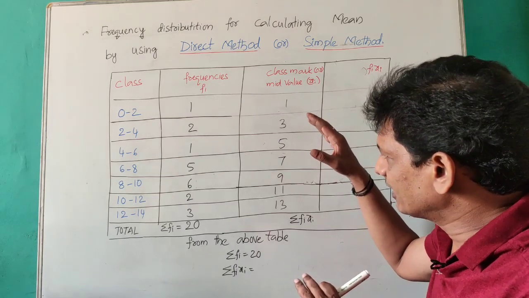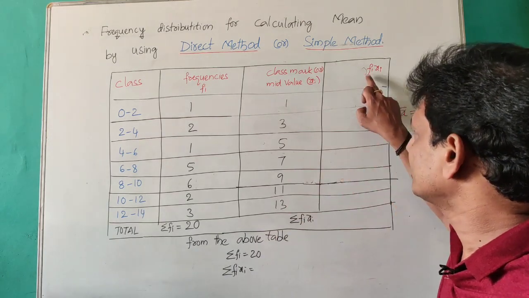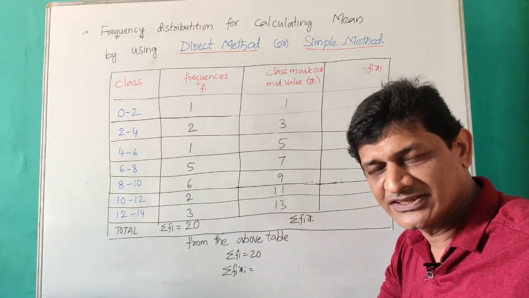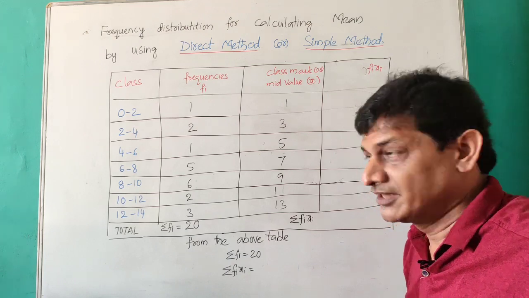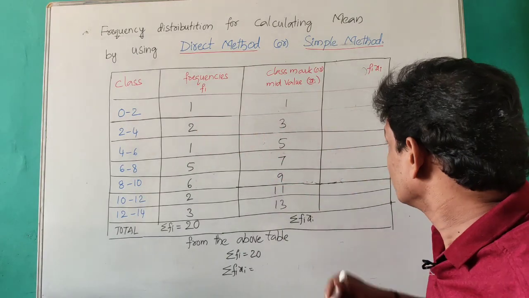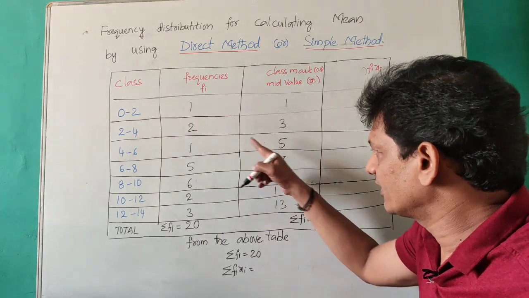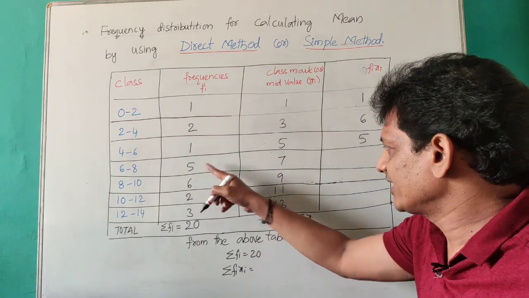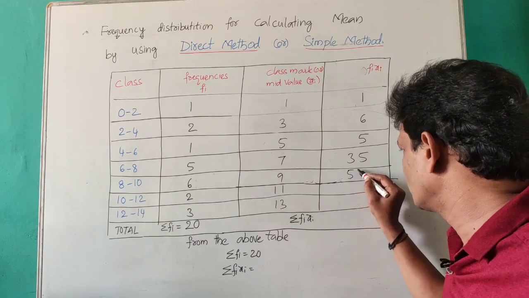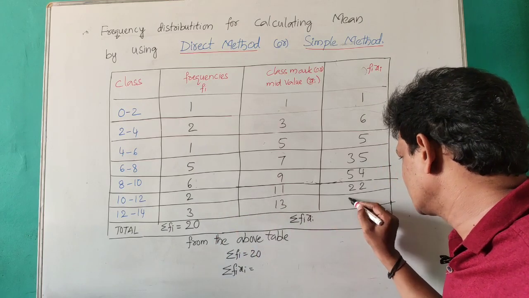After completing all these class marks, now go for the last one, that is the fi xi column. fi xi is nothing but the product of frequency and its corresponding mid value. Pick the first frequency, that is 1, its corresponding mid value is 1. Now multiply these two: 1 into 1 you get 1, 2 into 3 you get 6, 1 into 5 you get 5, 5 7s are 35, 6 9s are 54, 2 11s are 22, 3 13s are 39.